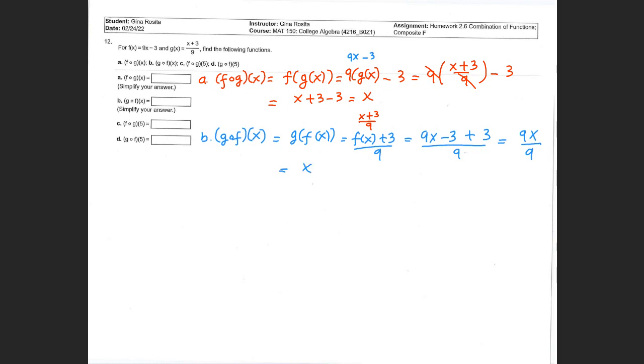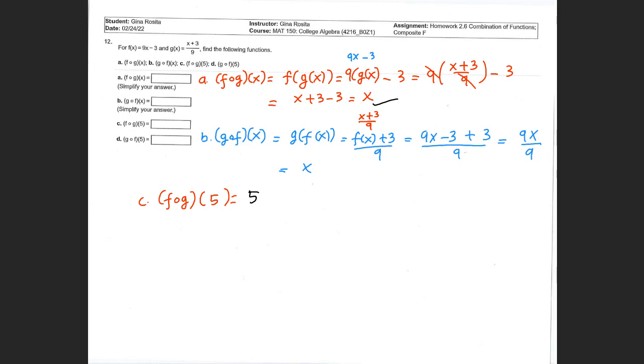Okay, now look at C. For this one we can see on problem A the answer is x. So it means the answer becomes 5.